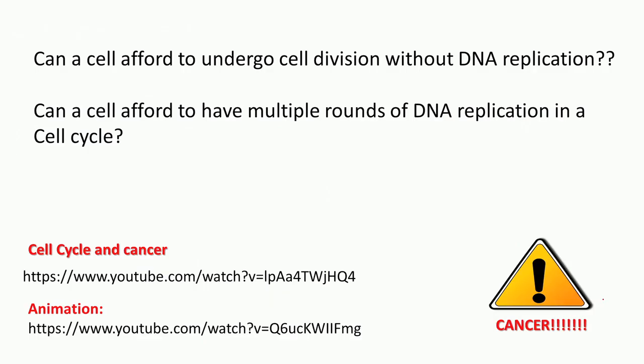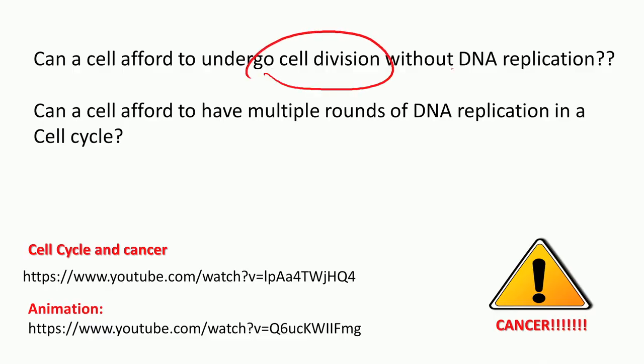So, we saw today that cell cycle is a process by which a cell prepares itself to divide, and in the process of doing it, it duplicates its DNA first, it duplicates its cell organelles, and then it actually divides through the process of mitosis. Now, one thing I want you to remember is that in every cell cycle, the DNA replication or the DNA duplication happens once.